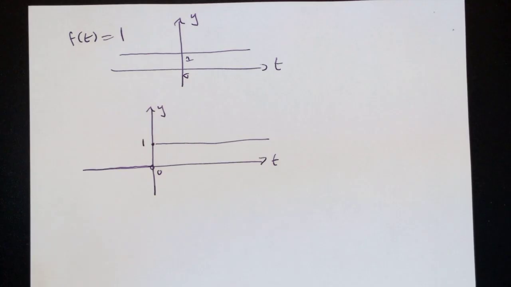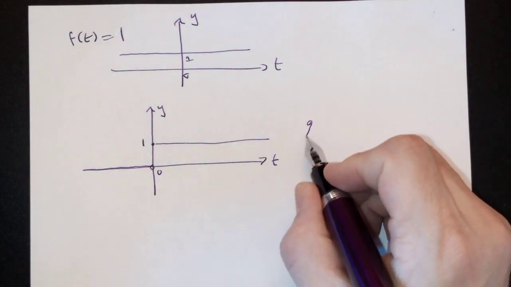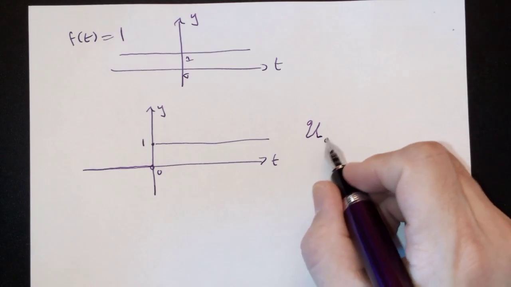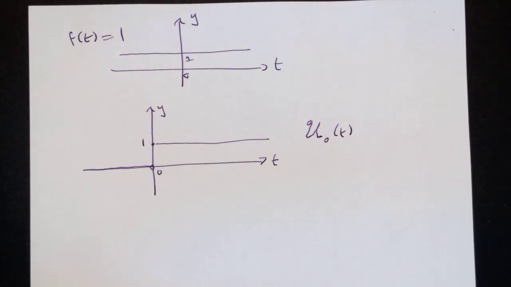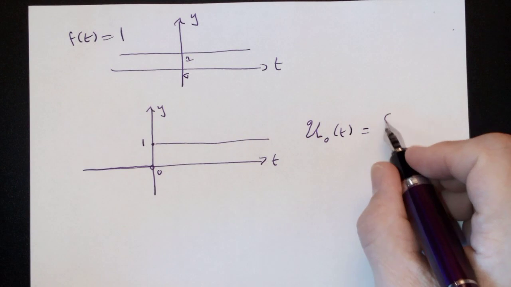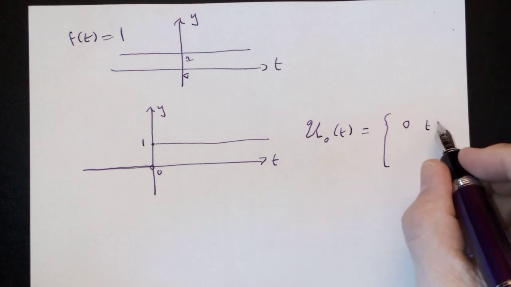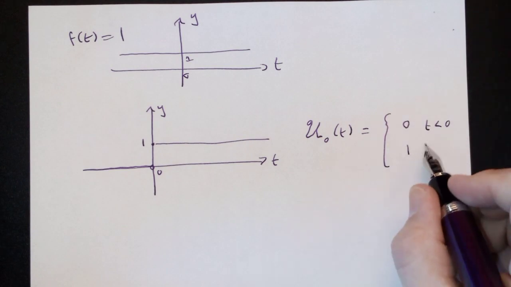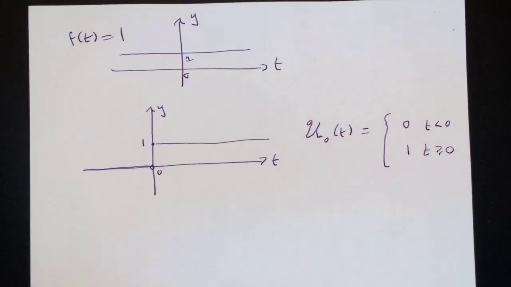The piecewise defined function, which our textbook calls script u 0 of t. It's defined as 0 when t is less than 0 and 1 when t is bigger than or equal to 0. I have not seen this called u outside this book.